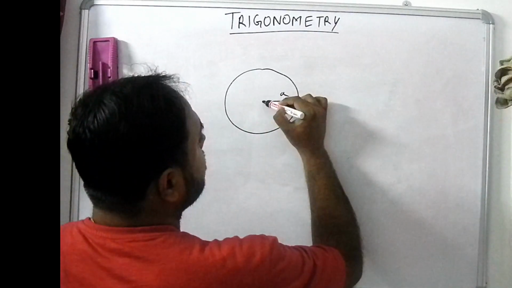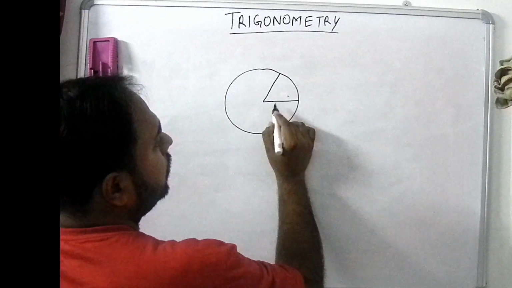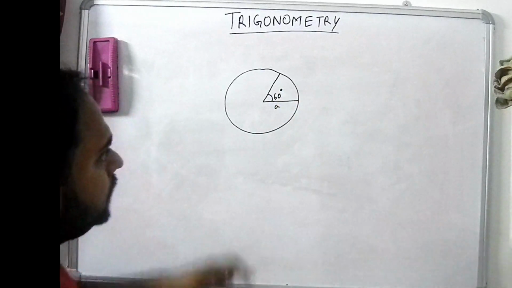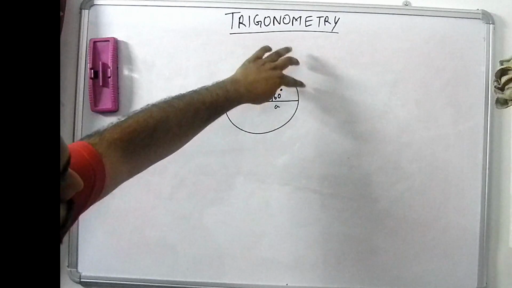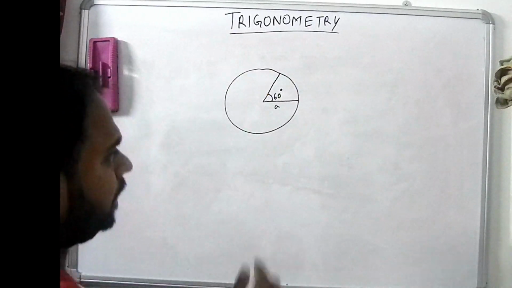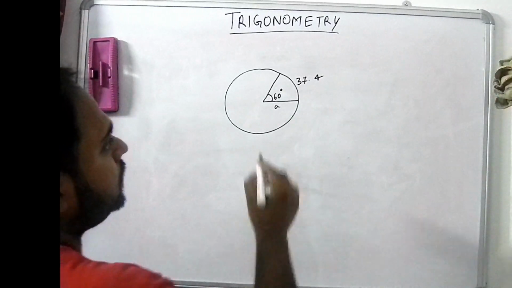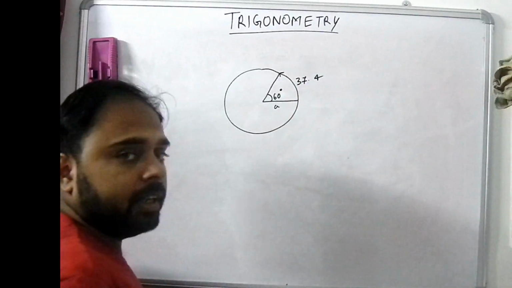So this is the center, and the length of the arc is given as 37.4. This arc subtends an angle of 60 degrees.